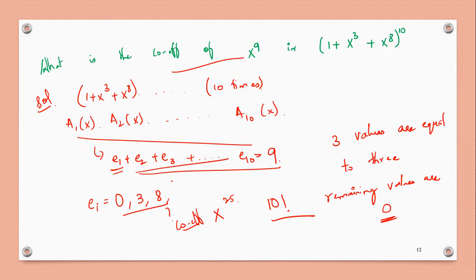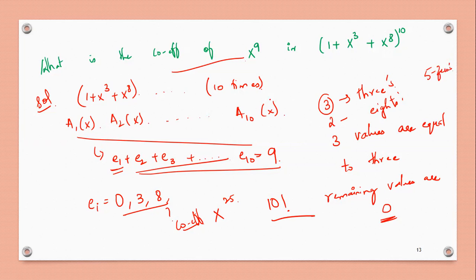Each solution will involve 3 threes, 2 eights, and 5 values should be zeros.